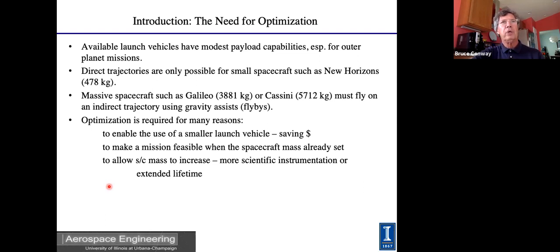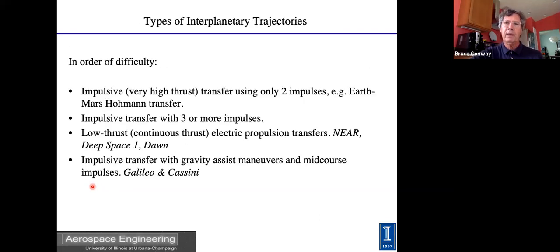Or, rather than using that fuel for the interplanetary trajectory, you can save it for maneuvers around Jupiter or around Saturn and extend the spacecraft lifetime. So either way, if you can use less fuel for the interplanetary trajectory, you can have a better scientific return or a longer lifetime.